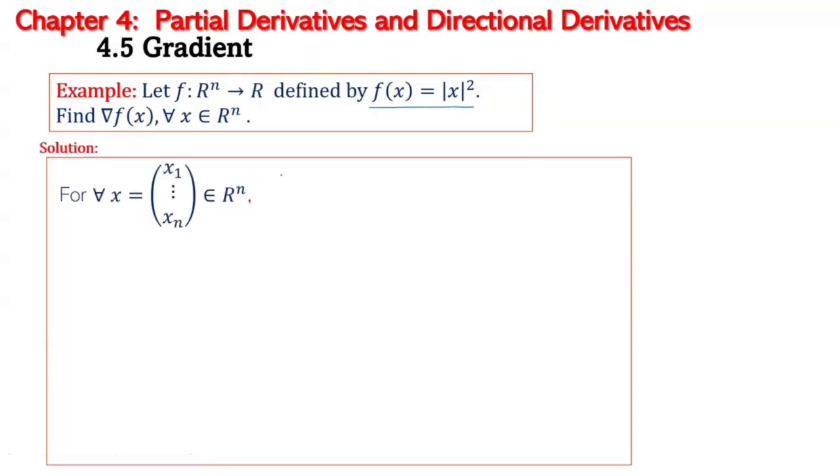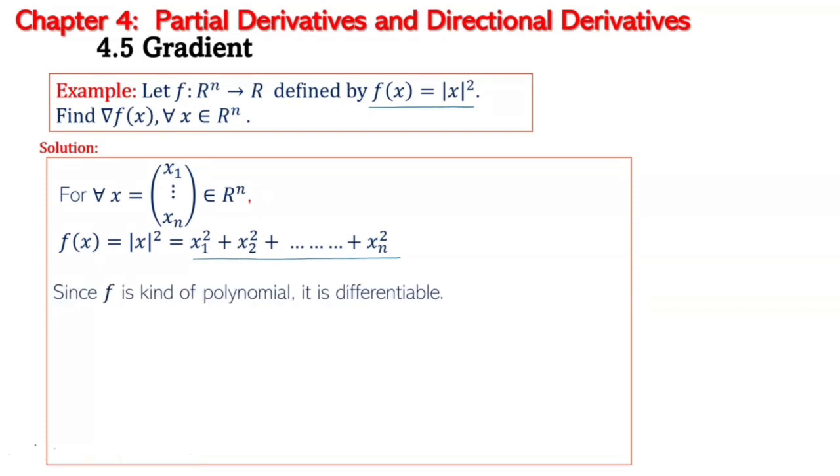Solution: for all x belonging to Rn, because the function is defined on Rn, we have f(x) equal to the absolute value of x squared. What is x? x is (x1, x2, ..., xn). The absolute value of x squared will be x1² plus x2² plus ... plus xn². Now if we take the partial derivative of f with respect to all variables, we can get the gradient.